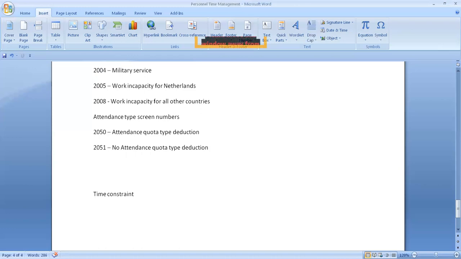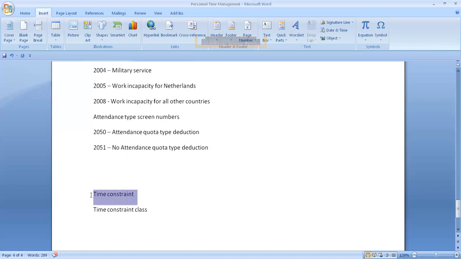Now I'm talking about time constraint class. Time constraint and time constraint class are both different. They are not exactly the same.